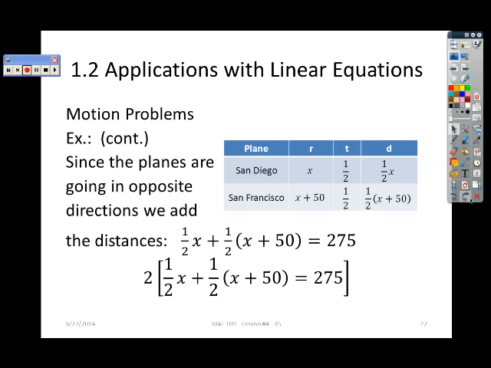It may not go in there. A time may not go in the time column. That 1 hour that we had on the previous problem did not appear in the table. It was one of the pieces of information you used in the equation that was not in the table. Same thing with this distance. It's not in the table. It's part of the equation.